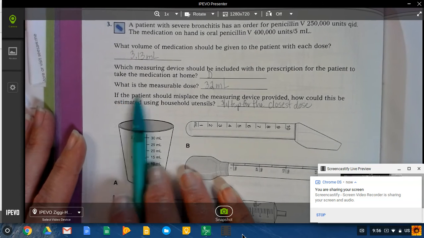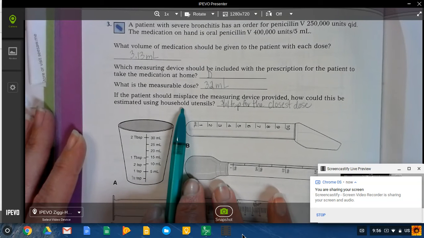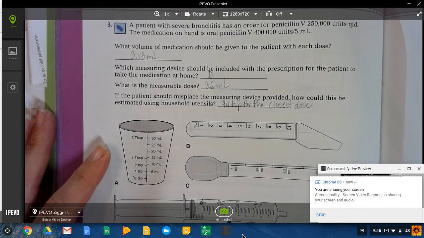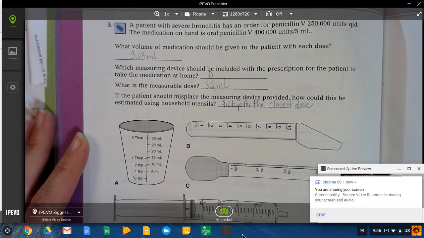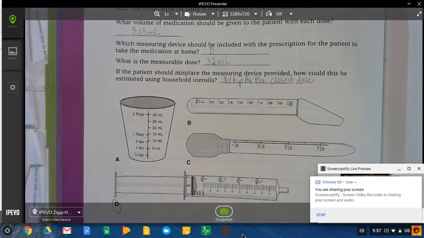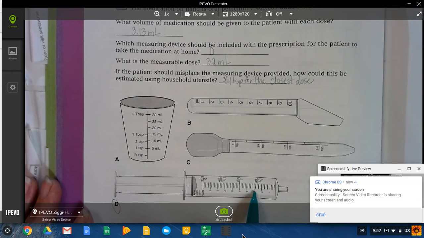So if the patient should misplace the measuring device, how could this be estimated using household utensils? If you look on here for 3.1 or 3.2 milliliters, looking at our syringe, here's 3 milliliters.